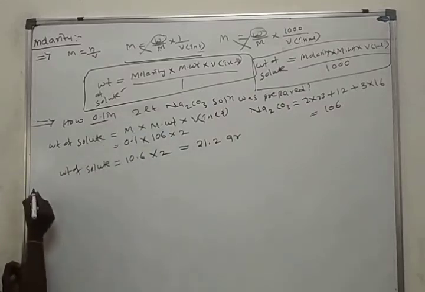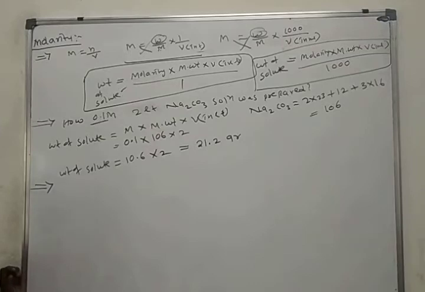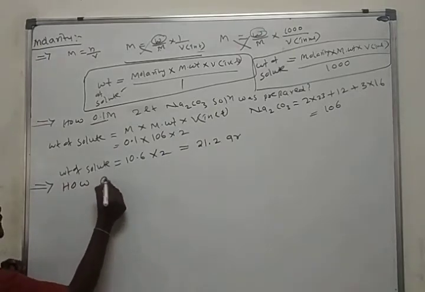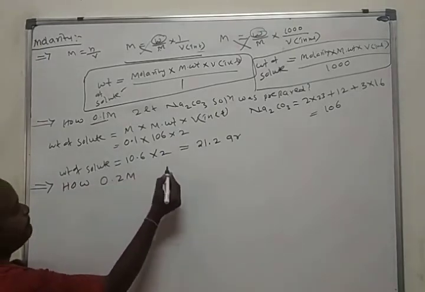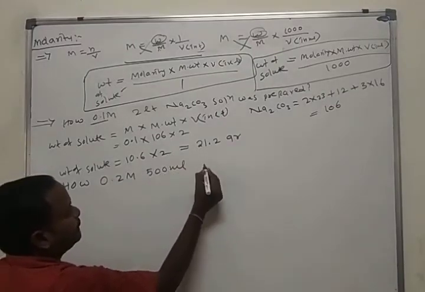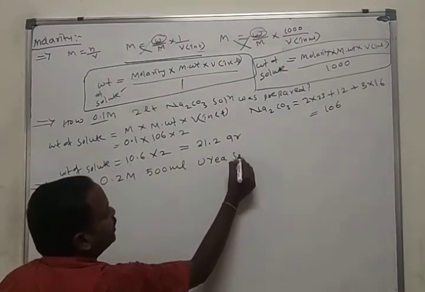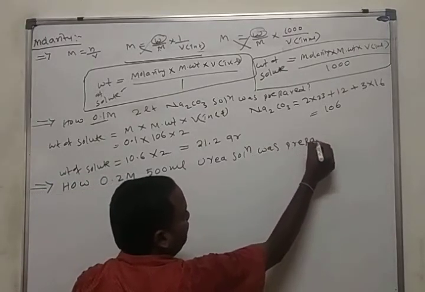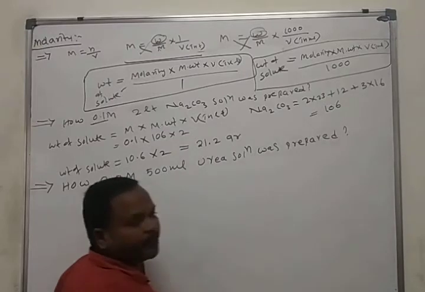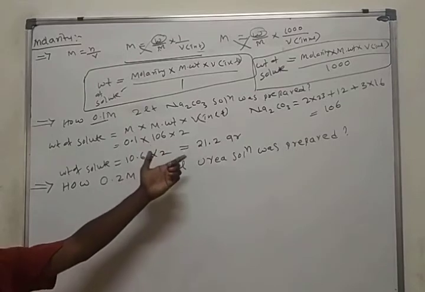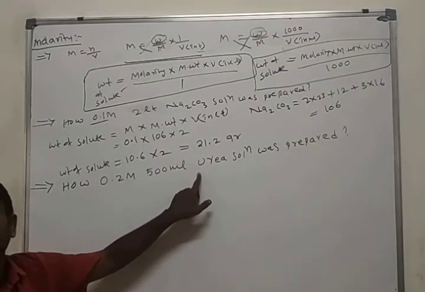Then I want to discuss one more problem here. How will you prepare 0.2 M, 500 ml urea solution? Same 0.2 M, but the data is given in 500 ml.